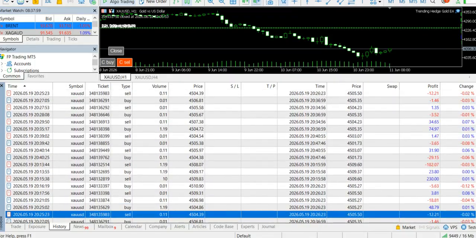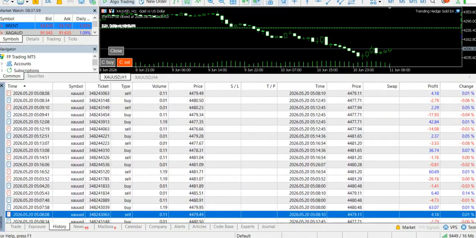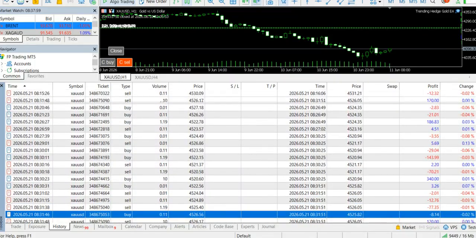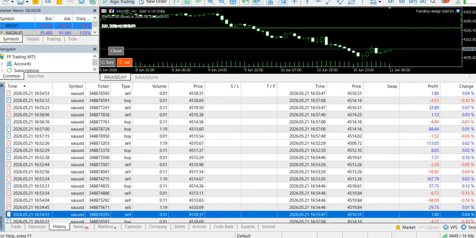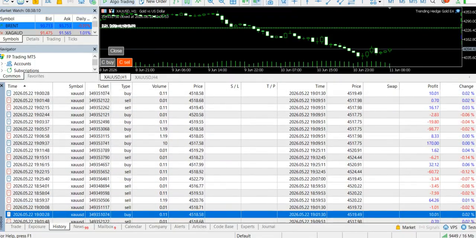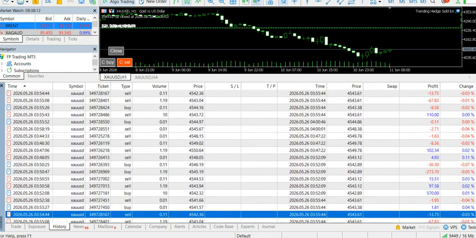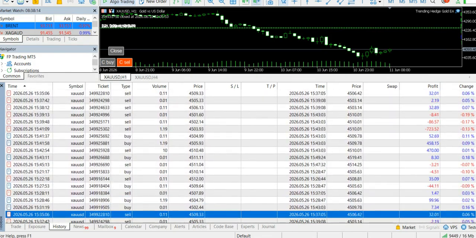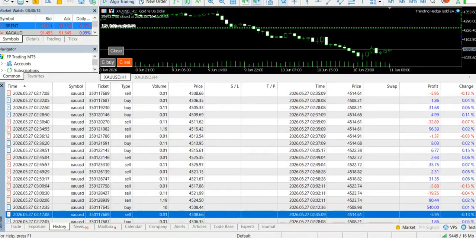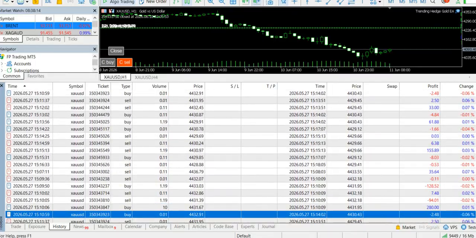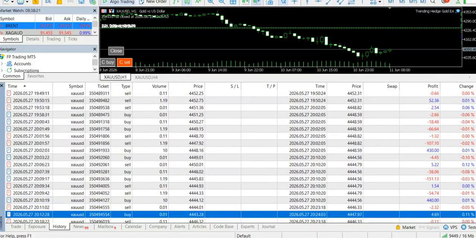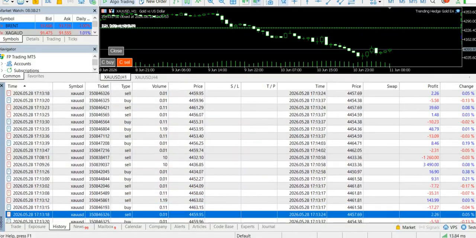However, we have to work on the settings again, because of the kind of movement that we experienced in the last 3 days. We need to work a little bit on the settings. However, the bot has survived, but still the drawdown is too much.